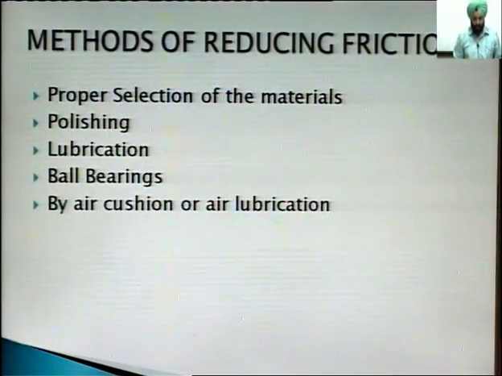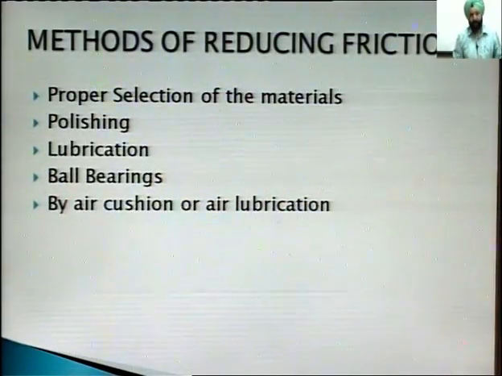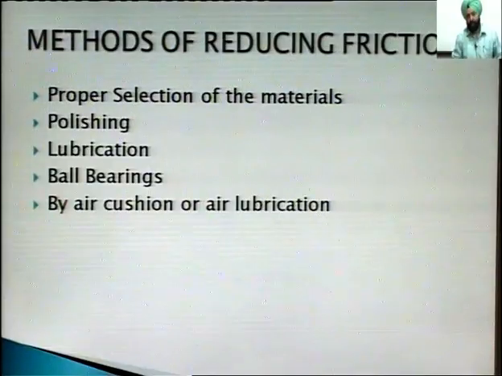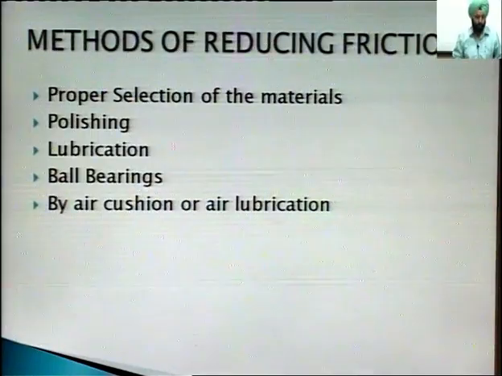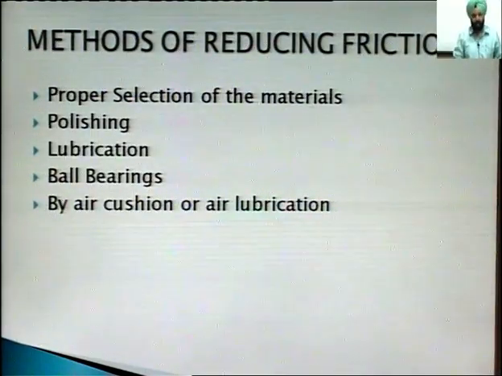Then in the last we studied what methods we can use to reduce friction. Sometimes we have to increase friction, because when the road is slippery, or in hilly areas when there is snow, sand is thrown on the railway track or on the roads to increase the friction.